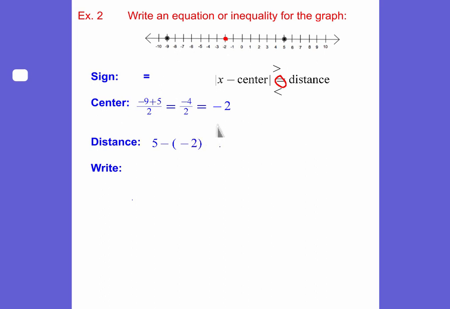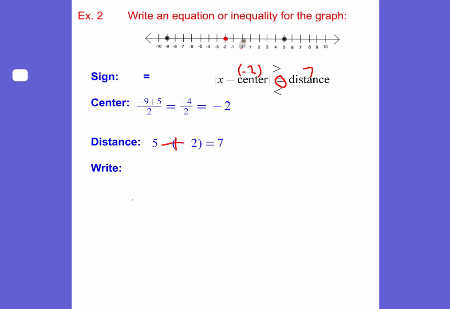5 minus the center, 5 minus -2. We know that's the same thing as saying 5 plus 2, and that gives me 7. Or, sorry, I forgot to write these in here.